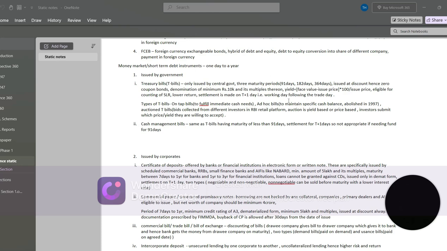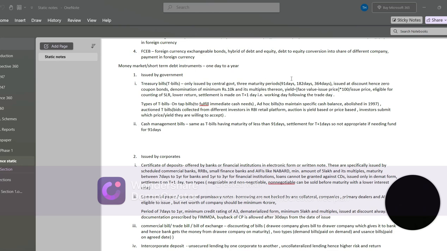Firstly, the T-bills are issued at a discount, and hence there are no coupon payments. And the denomination of T-bills is minimum 10,000 rupees, and its multiples. Yield of T-bills is calculated by face value minus the issue price divided by issue price into 100.